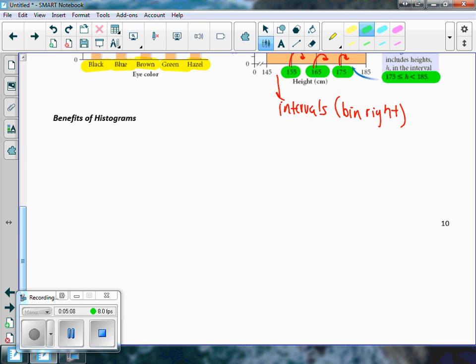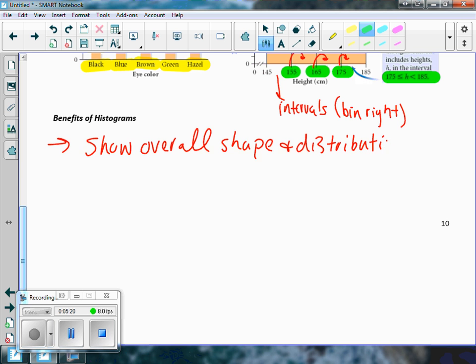Benefits of a histogram. A histogram can show overall shape and distribution of a data set with larger bin widths.